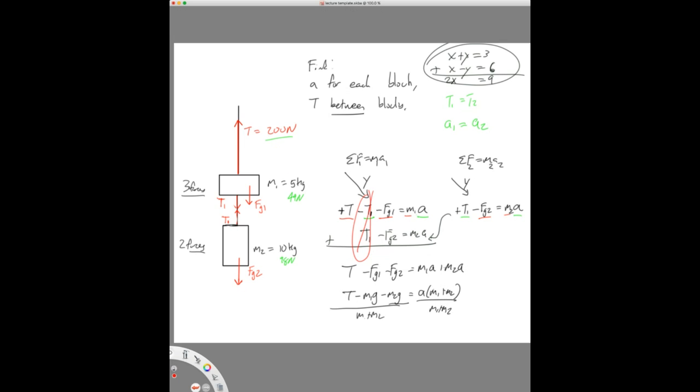And when we do that, it cancels out on the right-hand side. So finally, our acceleration is 200 newtons minus 5 times 9.8 minus 10 times 9.8. Or if you already worked out the size of the forces of gravity, you could just put those numbers in there. And then that's divided by 5 plus 10.